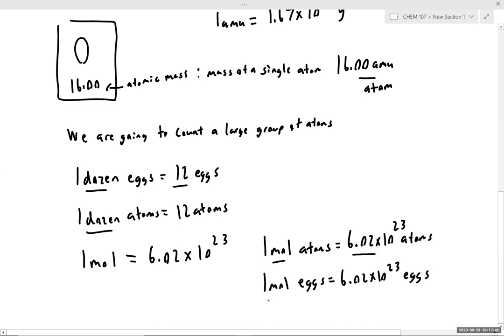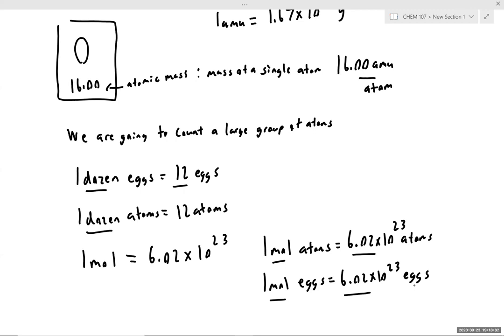It's just another method of counting, used to count really large amounts because atoms are so small. Does that make sense to everyone?